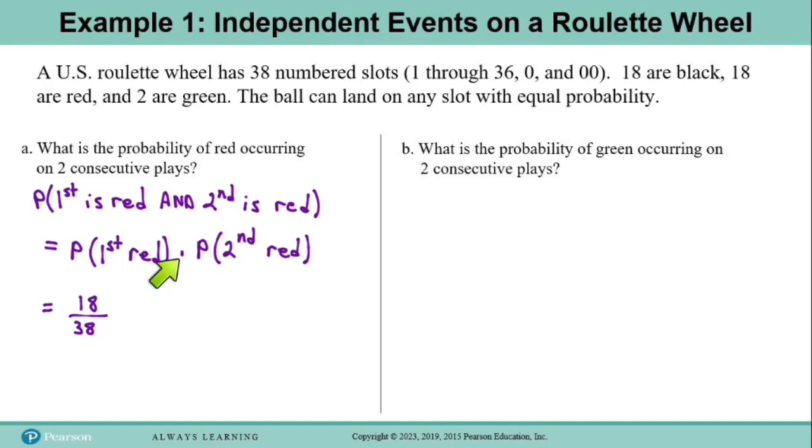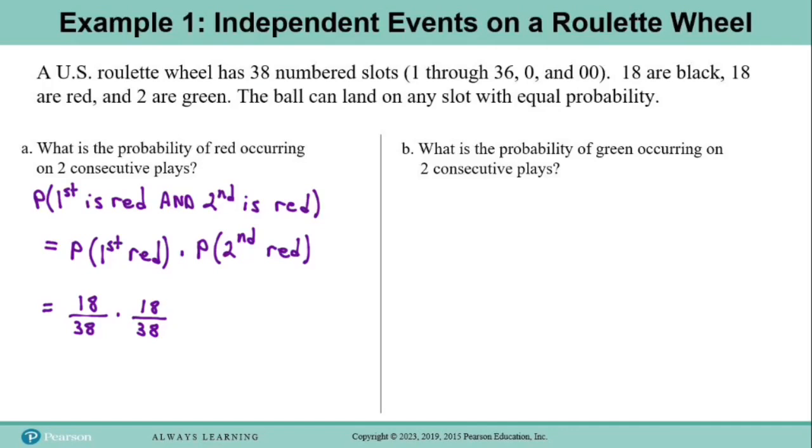And then we've got this multiplication dot. And then we want to multiply by the probability that the second play is red. Well, on the second play, there are still 18 red slots, and there are still 38 total slots. So that probability is also 18 divided by 38. Now, to put this in your calculator, you can say 18 divided by 38 times 18 divided by 38.